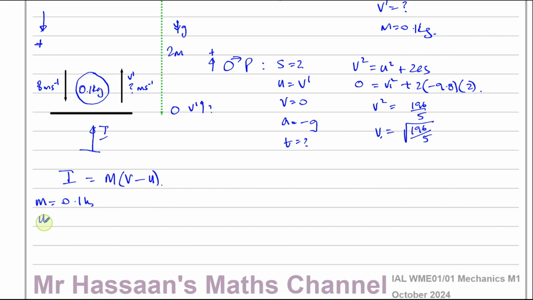So my u is going to be 8 and my v is going to be negative the square root of 196 over 5. That's the velocity that's going up, so it's negative. I'm taking down as positive here. So your impulse is going to be mass, which is 0.1, times negative root 196 over 5, minus u, which is 8.